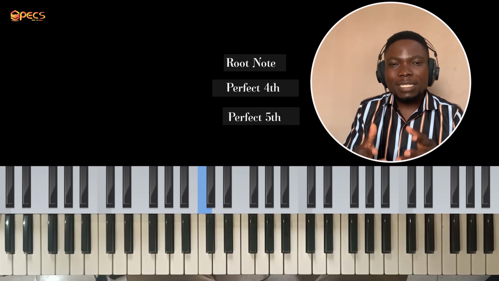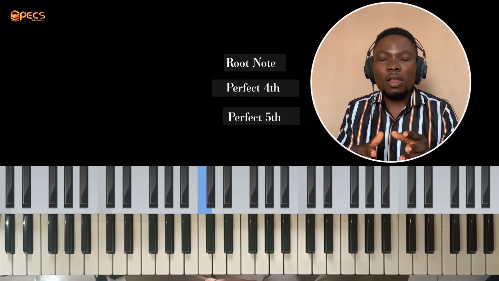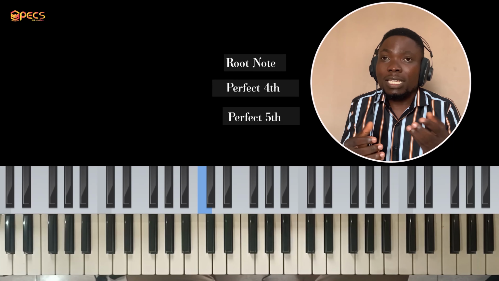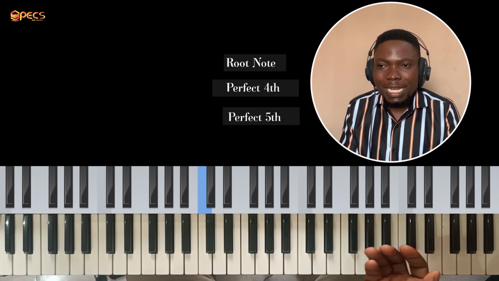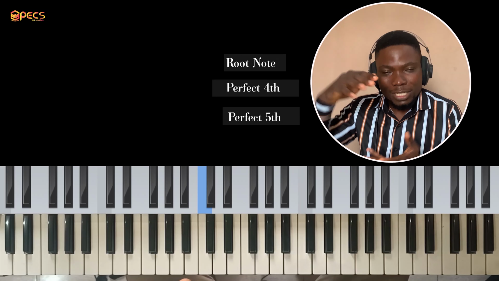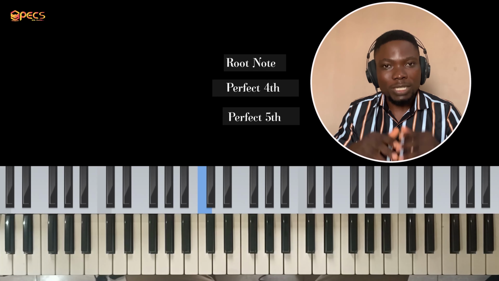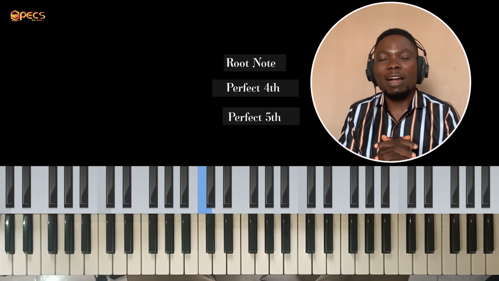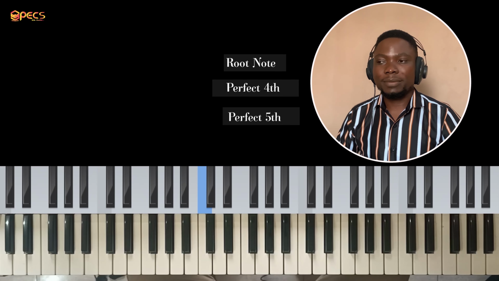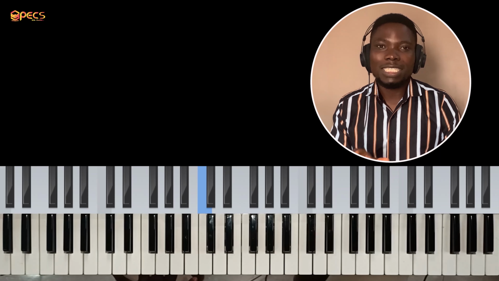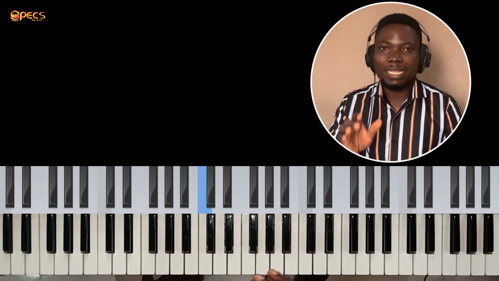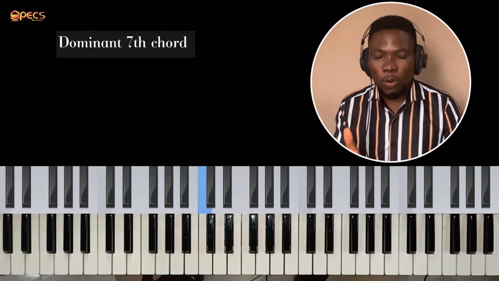So it gives you this mode of unresolved sound. Like, okay, yes, what do we, yes, come on. It's like hanging. So it is a very good chord to use at a specific point, which I'm going to explain when we start our full accompaniment.